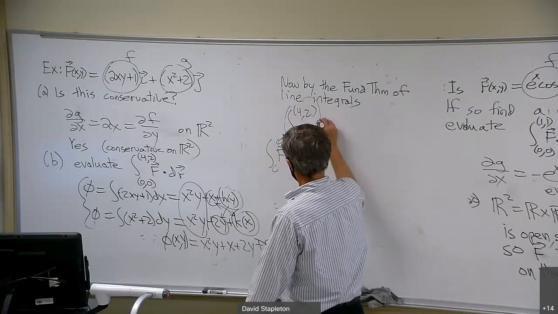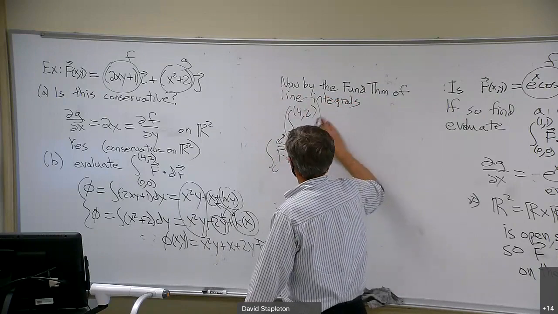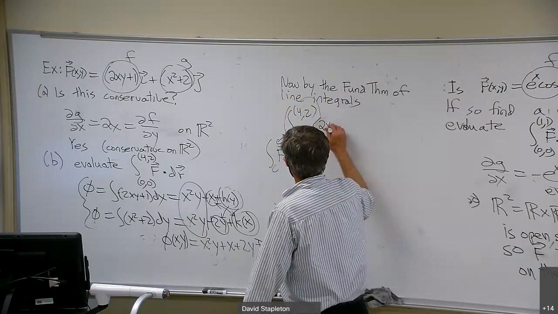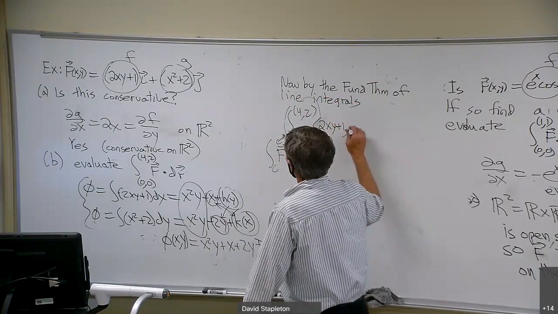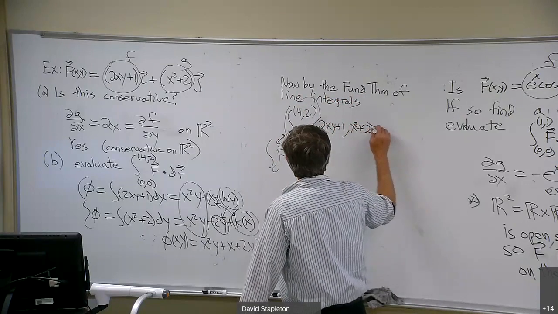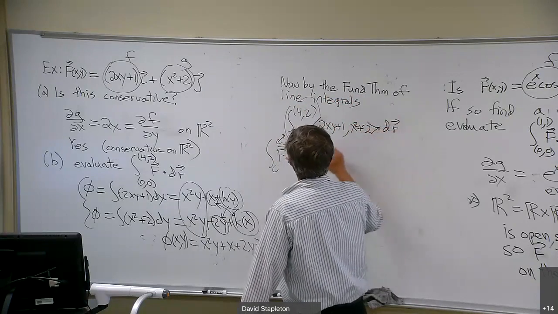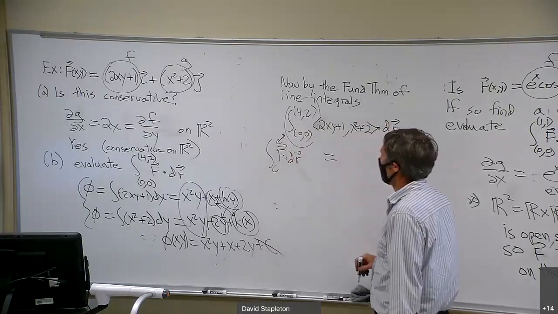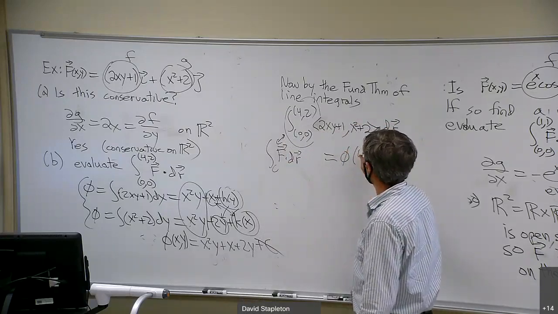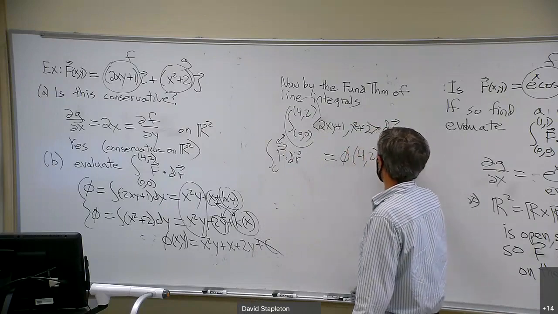Of F dot dr, we can write it out: (2xy plus 1, x squared plus 2) dot dr, if you like, is just phi at the final point (4,2) minus phi at the initial point (0,0).